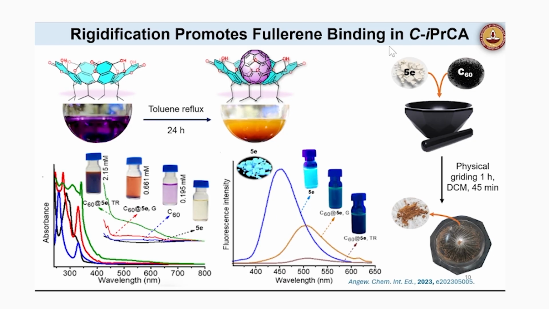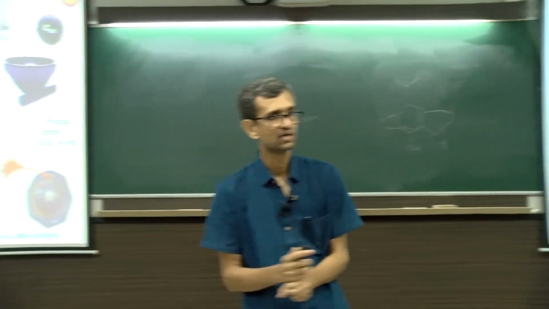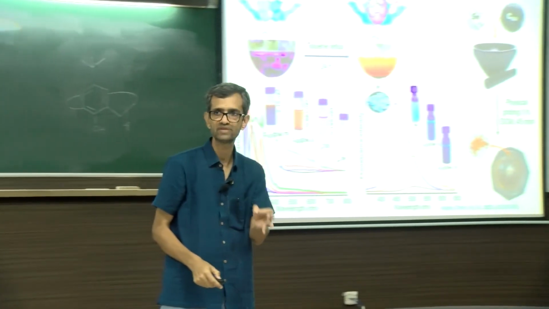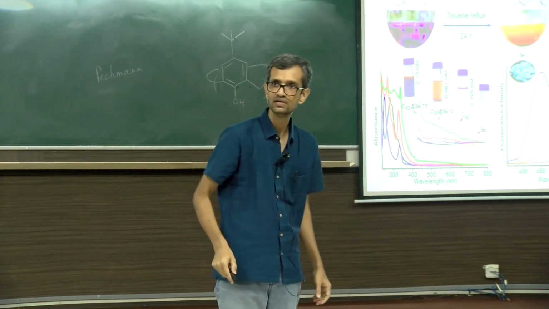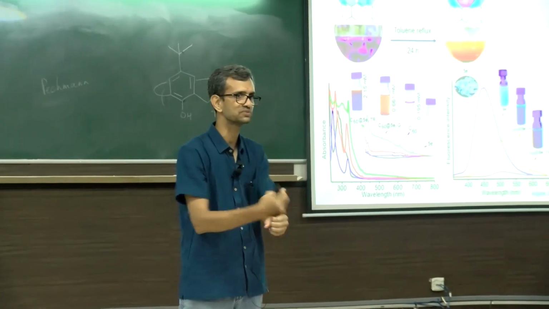So we took the C60 powder, and we ground them using a mortar and pestle. You can grind them together, and after grinding for about 45 minutes, adding a few drops of dichloromethane, the solid turned this color. And you can also now check if at all you have formed a complex just by grinding.